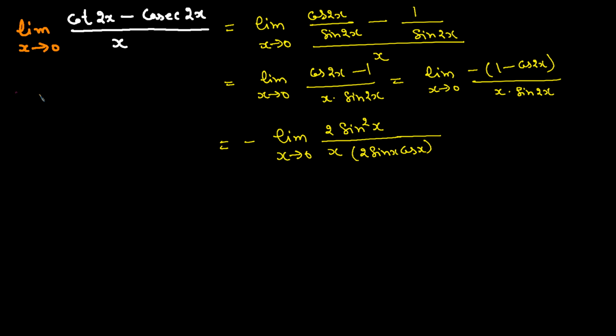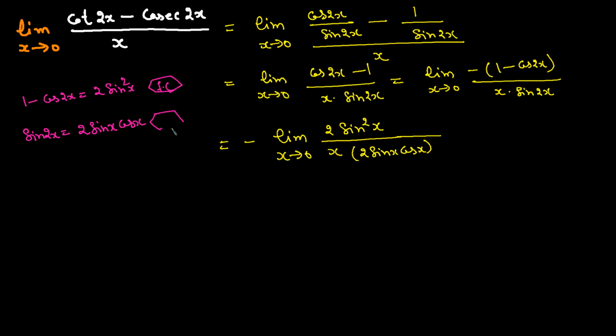I'm going to write both of them here. 1 minus cos of 2x is equal to 2 sine squared x. Flashcard idea, flashcard. The second one is sine 2x equals 2 sine x cosine x.